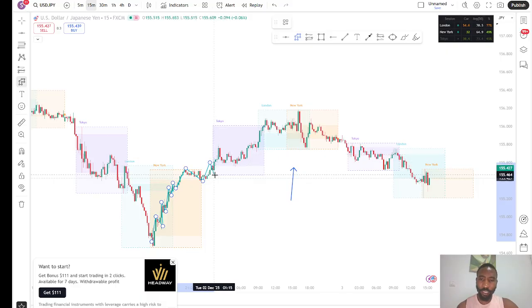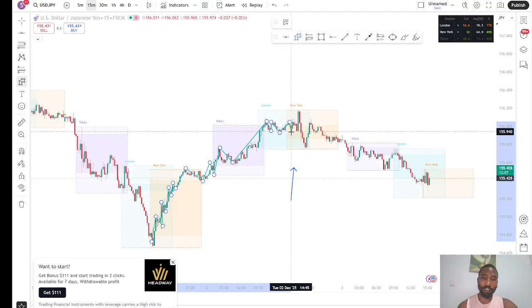Then when it's about to start reversing or changing direction, you will start seeing exhaustion. You start seeing the market changing direction, all this consolidation. You start seeing the market breaking and creating a new high, new low, new high.